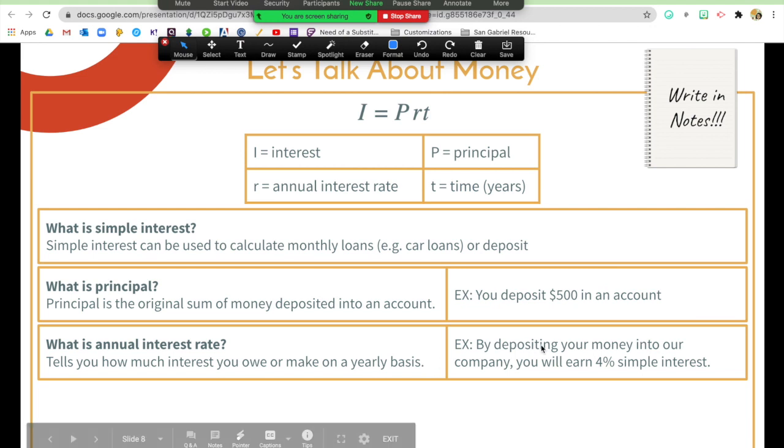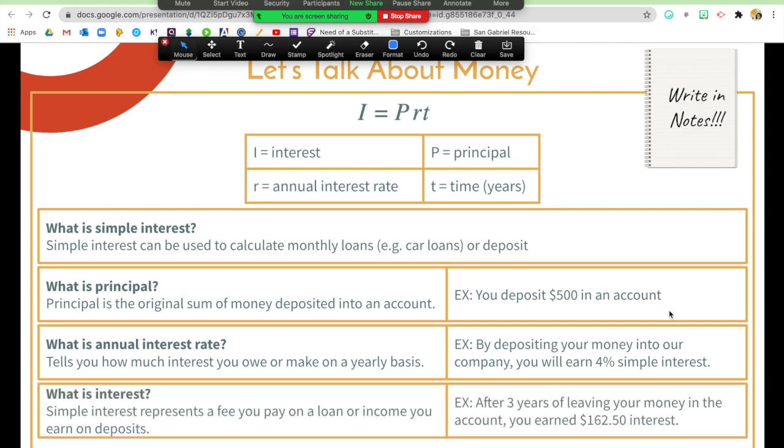So sometimes you'll get advertisements by companies saying, by depositing money into our company, you will earn 4% simple interest. That means that on a yearly basis, they will multiply 0.04 with the amount that you deposited and add that into your account.